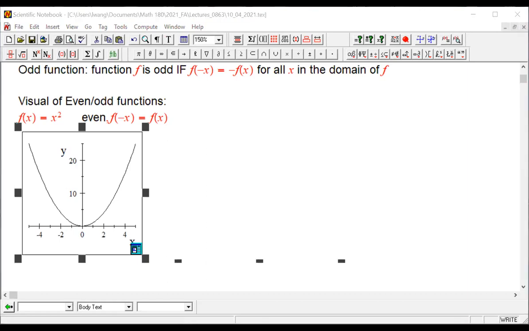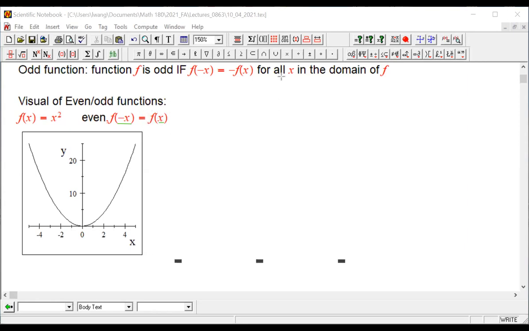First of all, let's bring the tools of the picture. We first look at the input. We have two inputs, the input of negative x and the input of x. If the input is negative x, the output is f of negative x; on the other side, the input is x, the output is f of x.